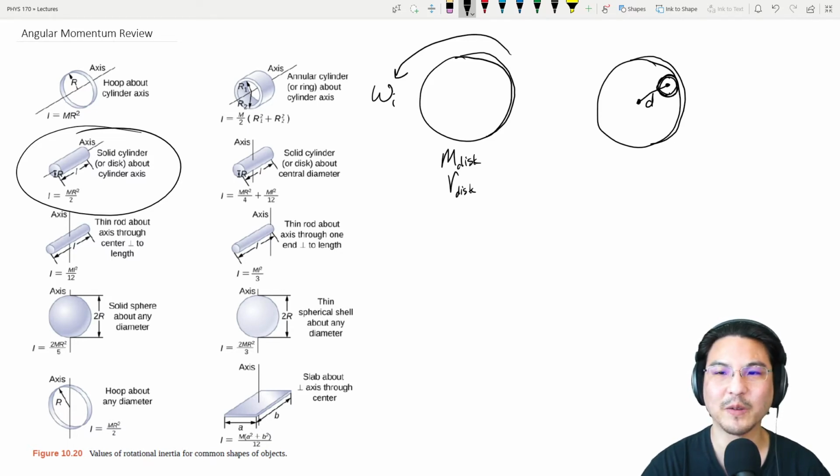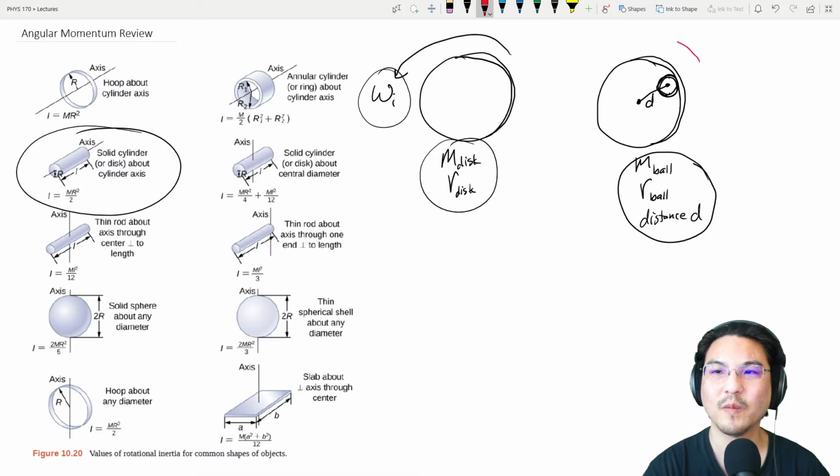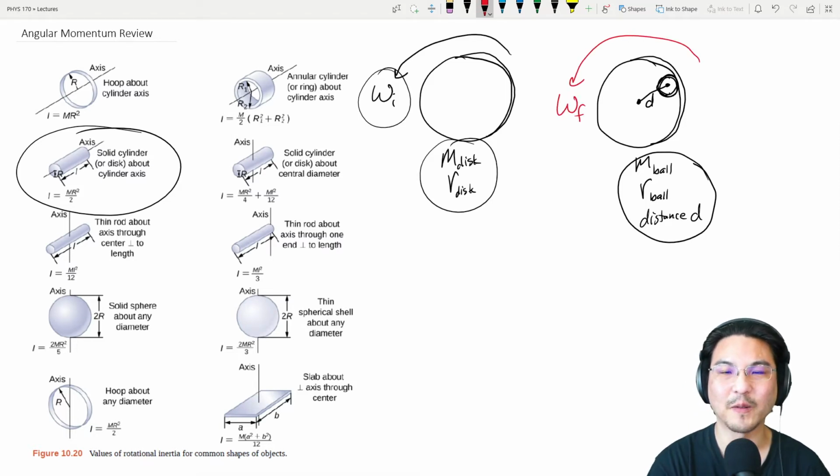And then let's say we know the mass of the ball of clay and we know the radius of the ball of clay. Okay, so we're given these numbers and also the distance d. We're given these numbers. Solve for the angular velocity after you drop the ball of clay on the pottery wheel.